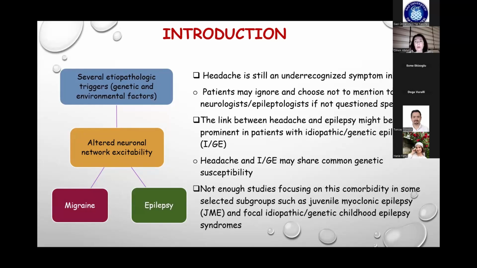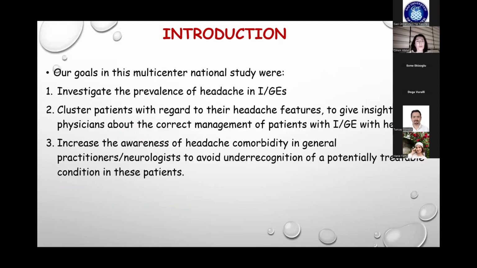As we know, the link between headache and epilepsy might be more prominent in patients with idiopathic genetic epilepsies, which they both might share a common genetic susceptibility. There aren't enough studies focusing on this comorbidity in some selected subgroups, such as juvenile myoclonic epilepsy and focal idiopathic genetic childhood epilepsy syndromes.